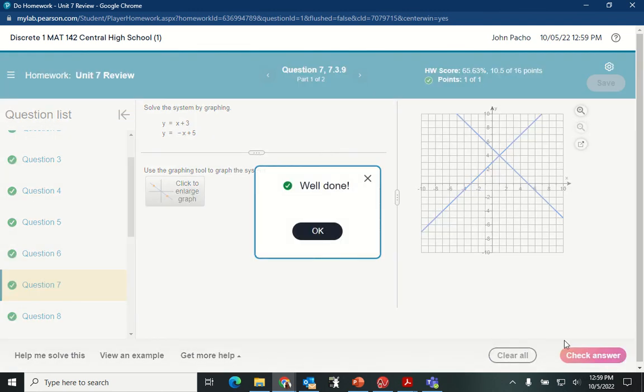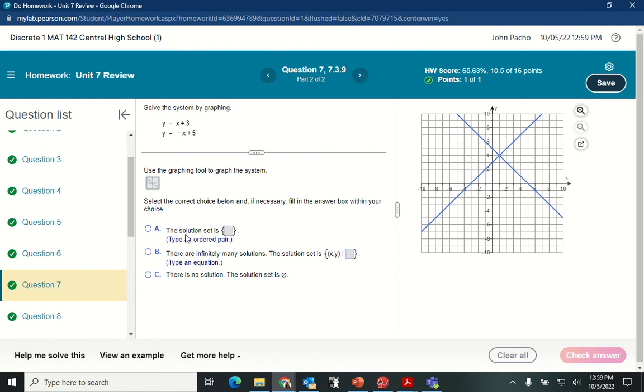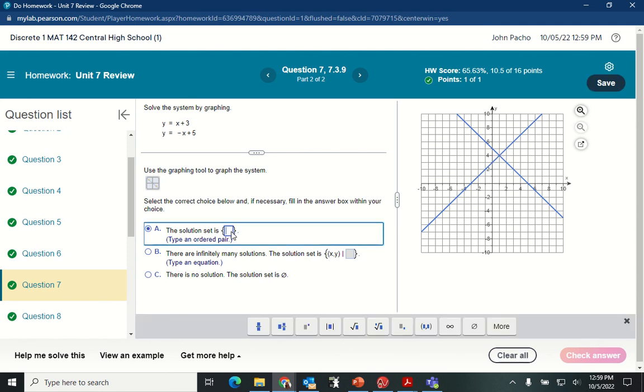There we go. Now, this one has multiple parts, though. Where does it cross? Where do the two lines intercept? On mine, it looks like it's 1, 4. So the solution, this one here, is an ordered pair. If you do not do this correctly, you will get it wrong. There is an option down here for an ordered pair.